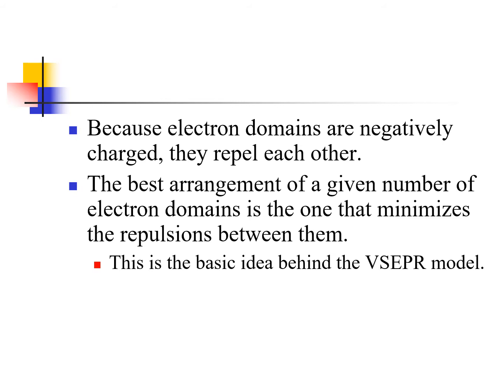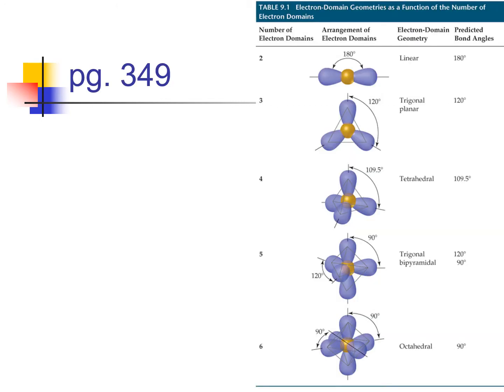So the three-dimensional shapes that we see in VSEPR are the shapes that come about because that's how the electron domains are best set up to reduce the amount of repulsion. So here's what you need to know.